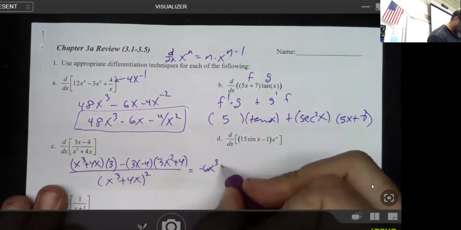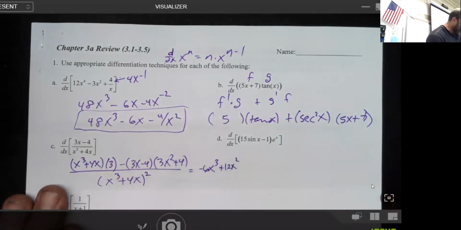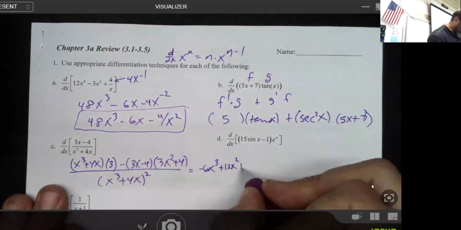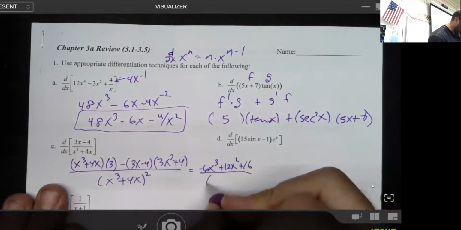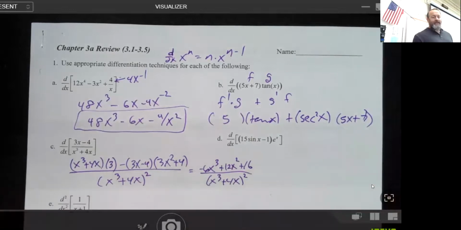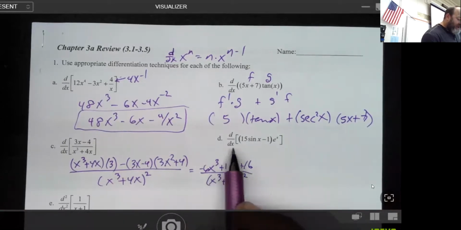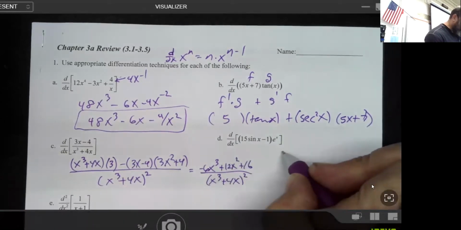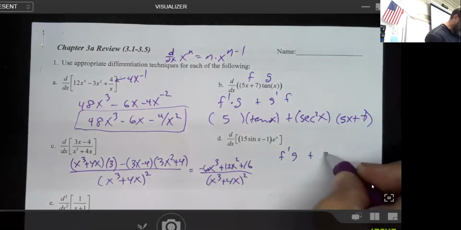There's 12x squareds on top and a 16. And, you know, by doing a little bit of math, I could make this happen. But unfortunately, it's not particularly better than where the problem began.